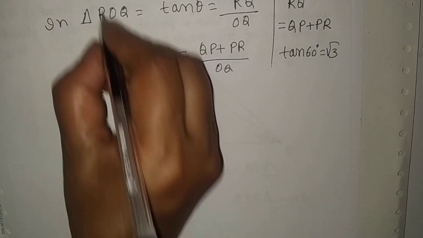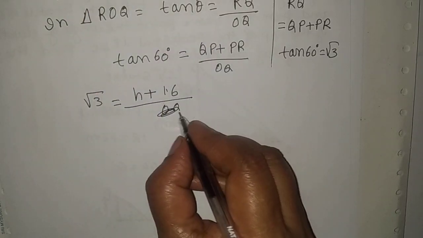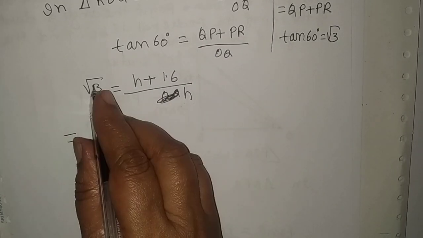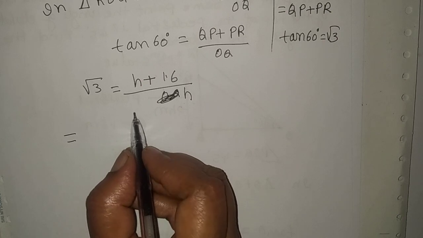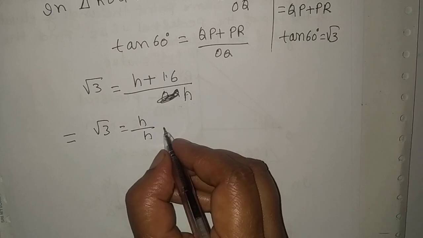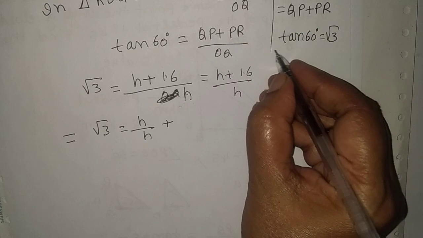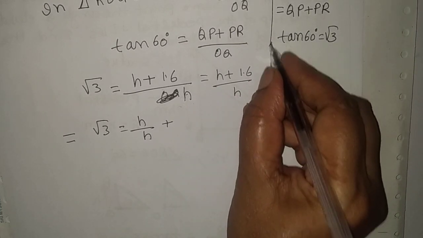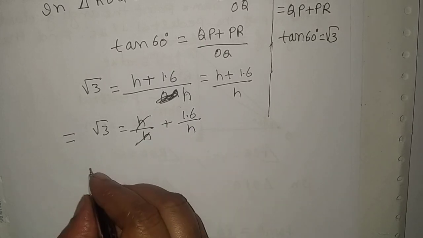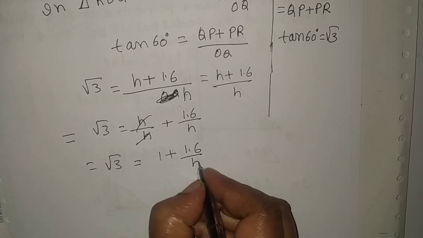OQ we calculated as H, so substitute H. Now simplify. Expand H by H plus 1.6 by H. H by H cancels. Now the remaining is root 3 is equal to 1 plus 1.6 by H.